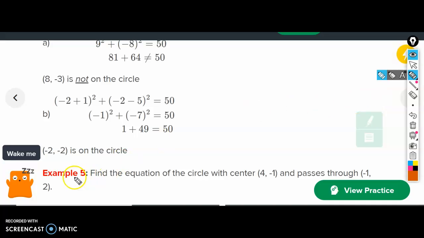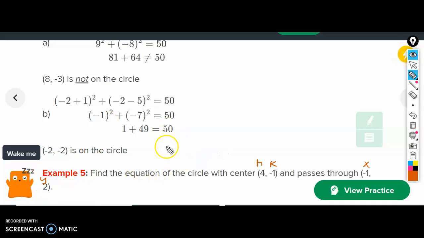Example 5. Find the equation of the circle with the center at negative 1 and passes through the point negative 1, 2. So this is going to be my h, k. And this is going to be my x, y.